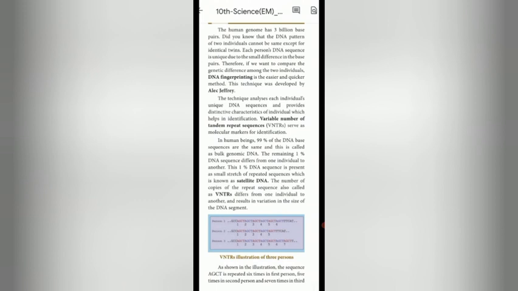This illustration shows AGCT, that means adenine, guanine, cytosine and thymine, repeated 6 times in the first person.